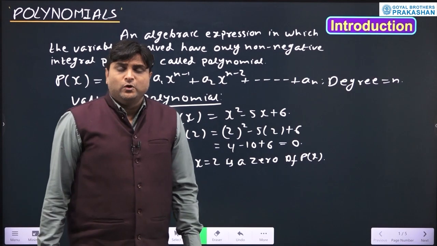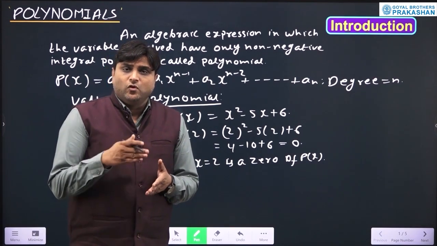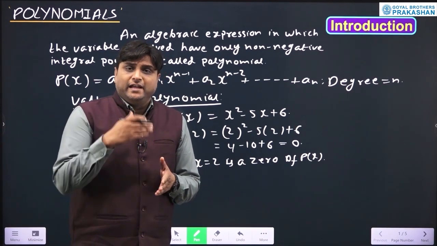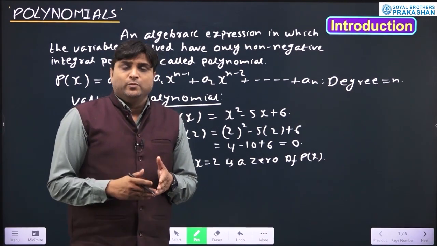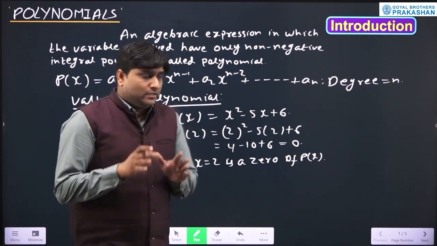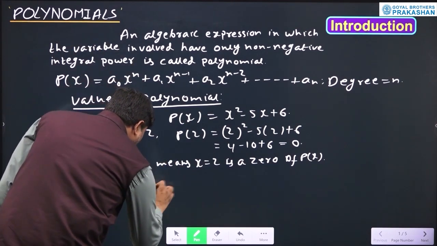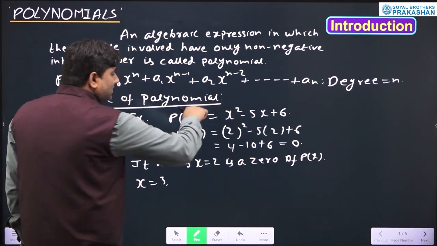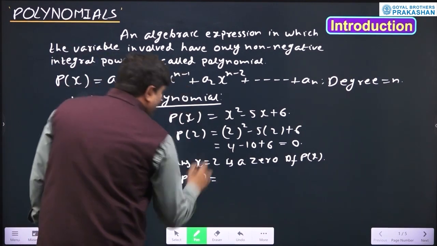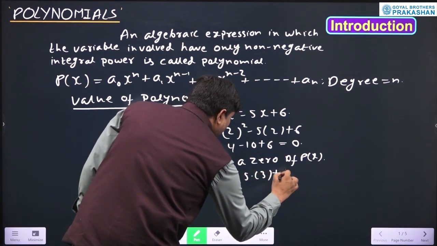So a 0 of a polynomial is basically the value of x at which the value of the polynomial becomes 0. That value of x at which the value of the polynomial becomes 0 is called a 0 of the polynomial. This is very, very important. For example, if I put x equal to 3 also in the same polynomial, P of 3 will be 3 square minus 5 into 3 plus 6.